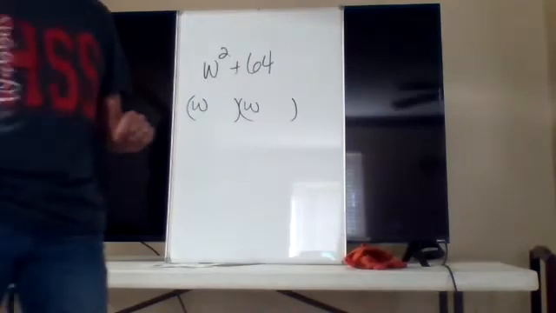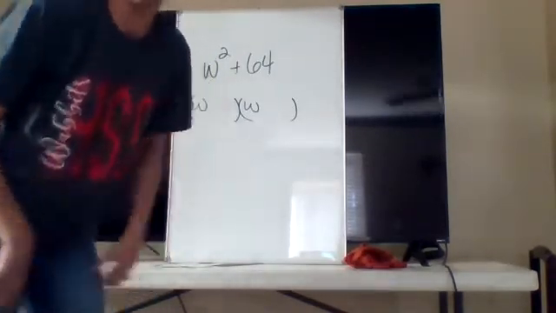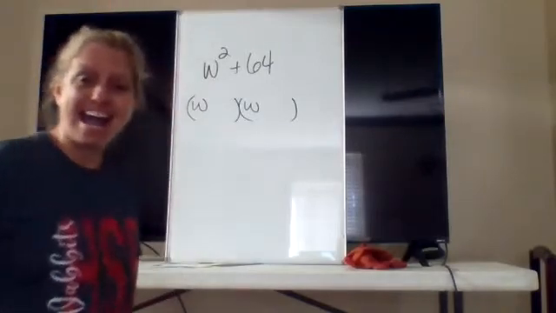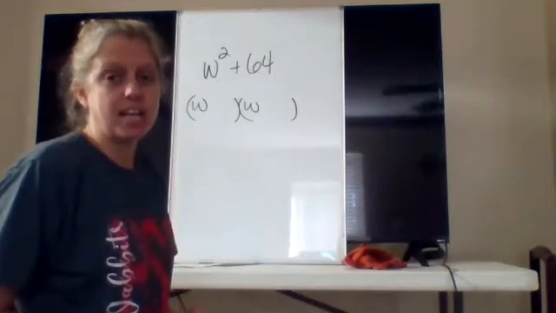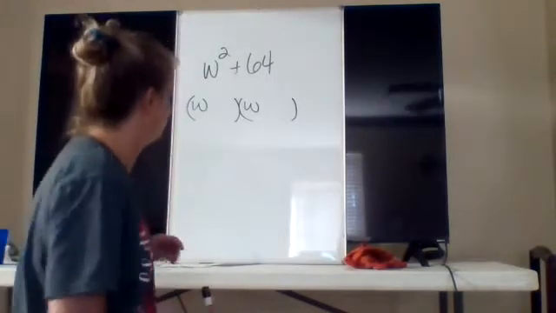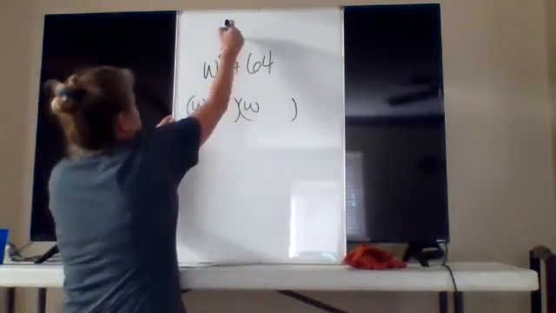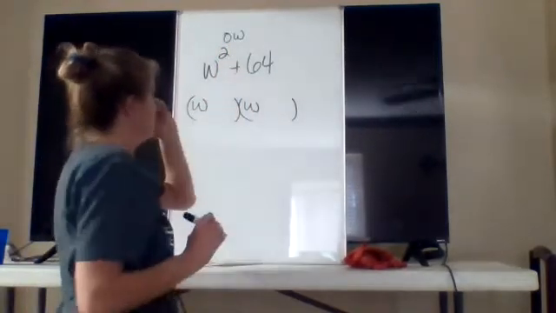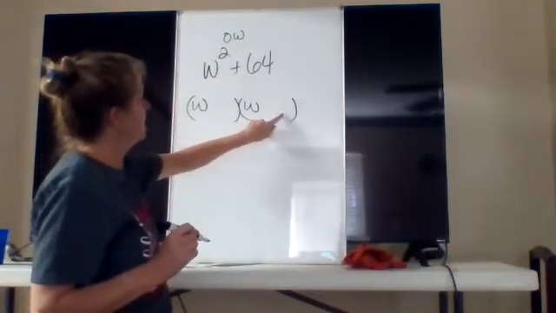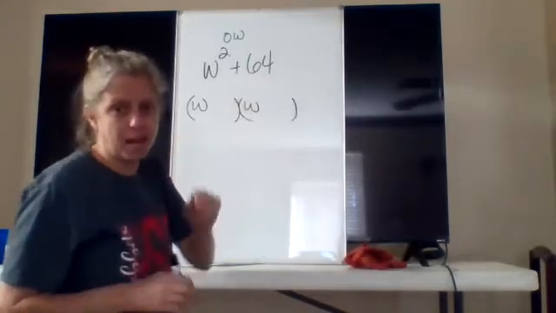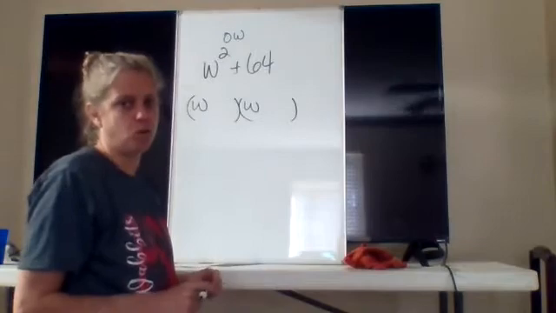Now, 64 is one of those numbers that has factors that are the same, right? 8 and 8. But here is the thing. I would need those 8s to cancel, which means I would need a positive 8 and a negative 8 to get, again, the 0w in the middle. But if I need a positive 8 and a negative 8, those aren't going to multiply to positive 64. They would multiply to negative 64.